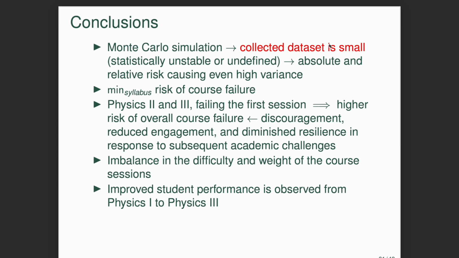Future research should aim to design and test targeted support strategies to help students recover from early setbacks and improve their academic trajectory. This could involve personalized feedback, peer mentoring, counseling services, or adaptive learning tools that respond to individual student performance patterns.